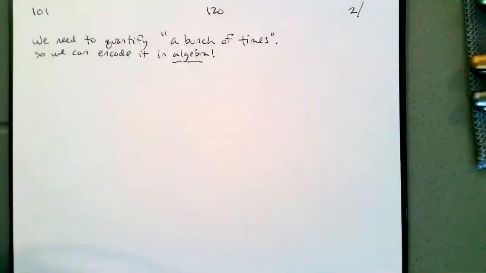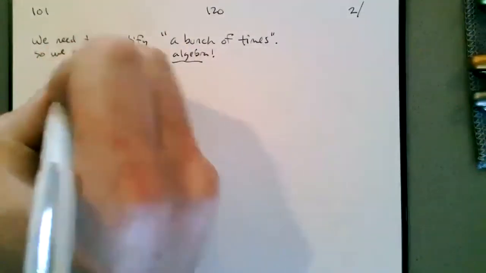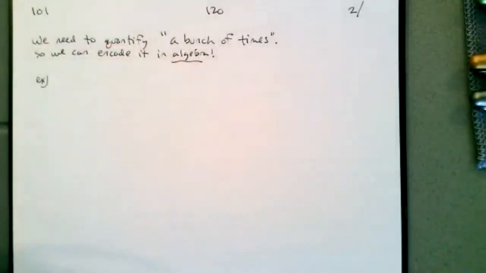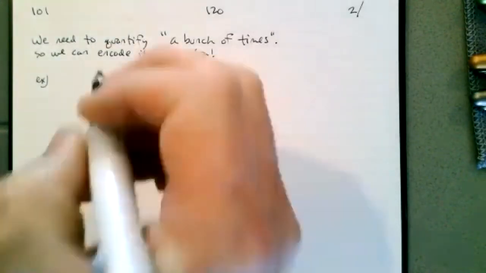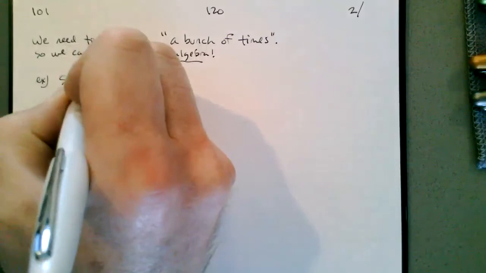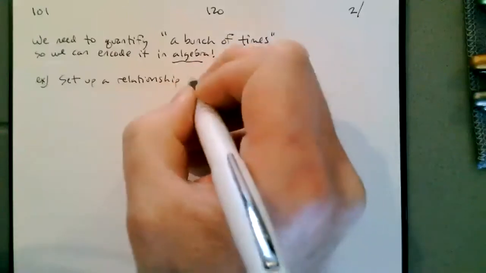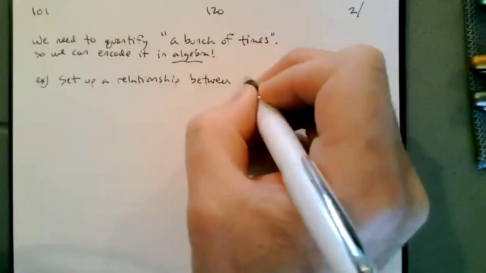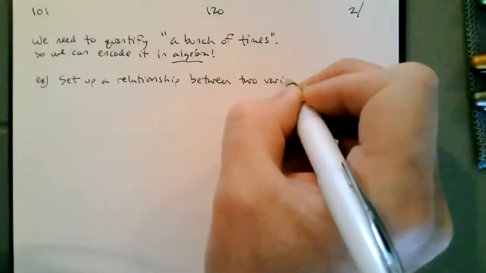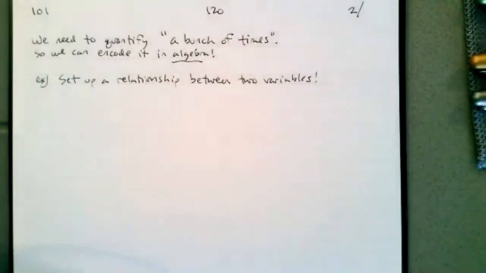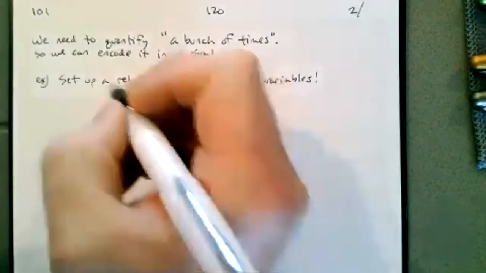So here's what we're going to do. We're going to use functions to describe the pattern. So we're going to set up a relationship between 2 variables. We're going to make a function with a pattern of repeated addition to start with.